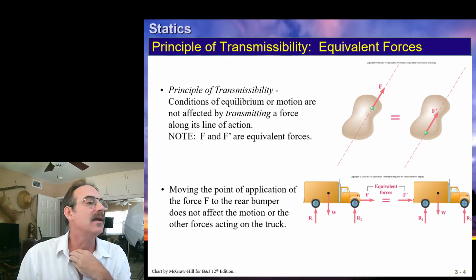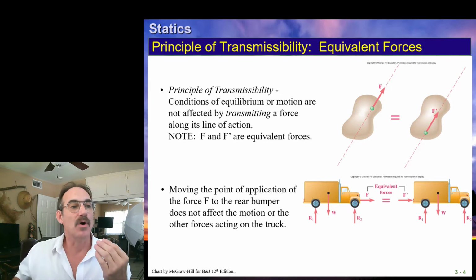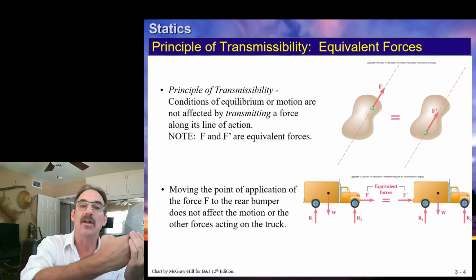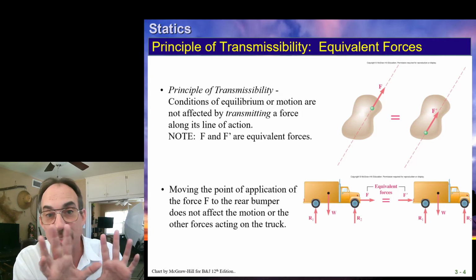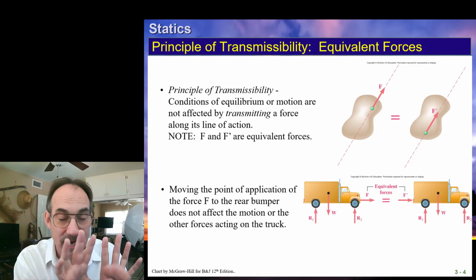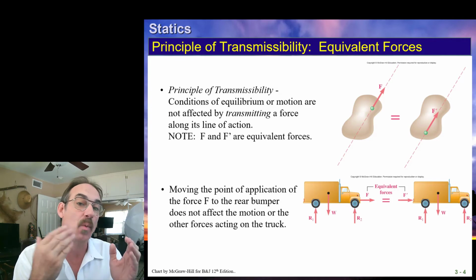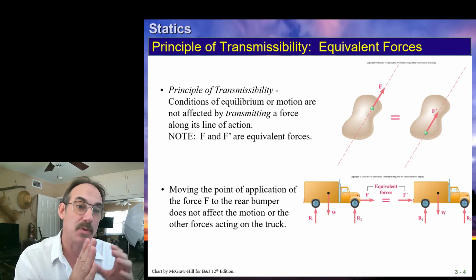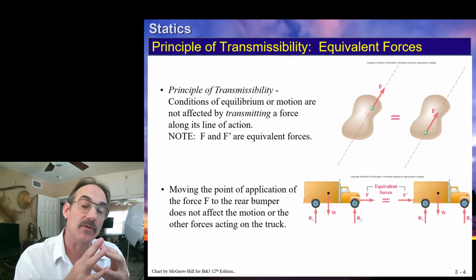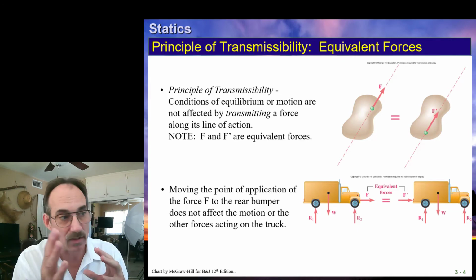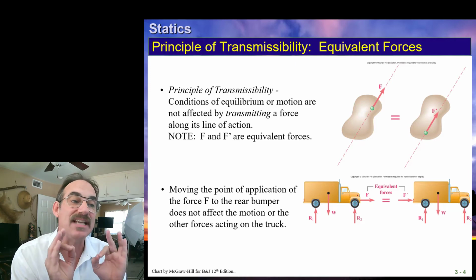This means that we can slide that force of the rope anywhere along the thing, and it's not going to change the conditions of equilibrium on the entire truck. Once again, it will change the internal forces based on where those loads are applied and what section cuts we're making and what other external forces are applicable on the part that we cut off. But it will have the same effect.